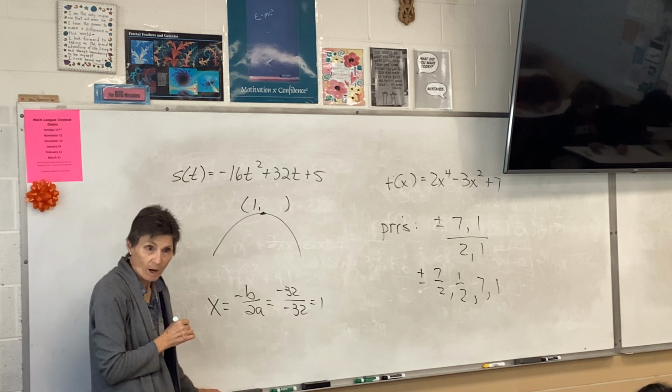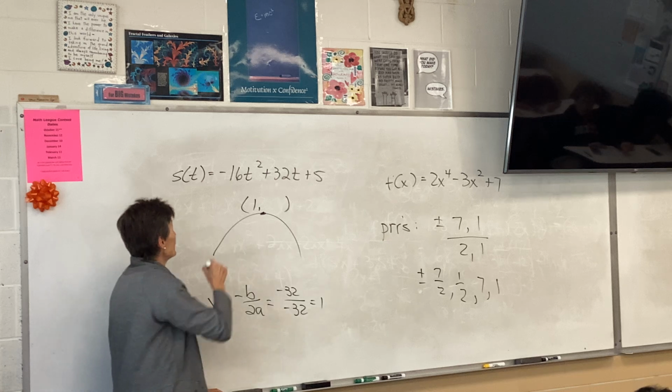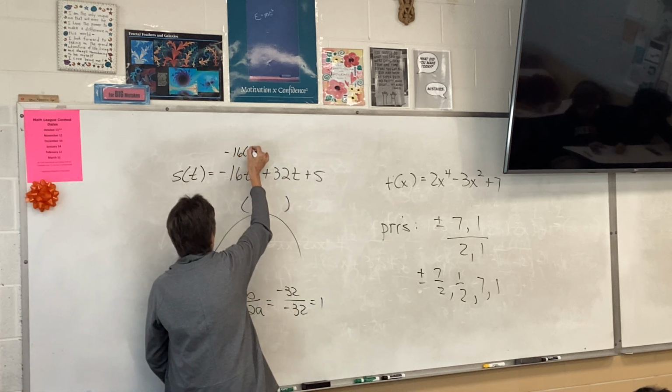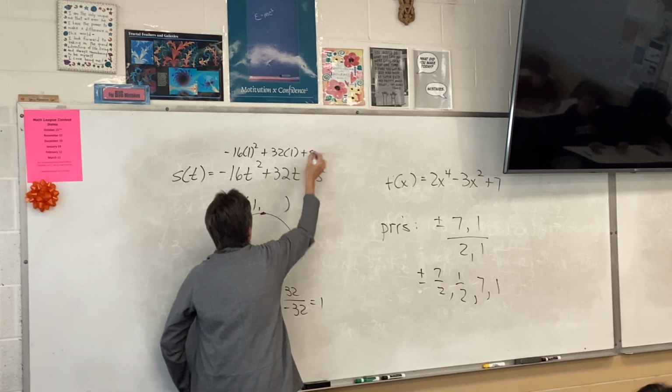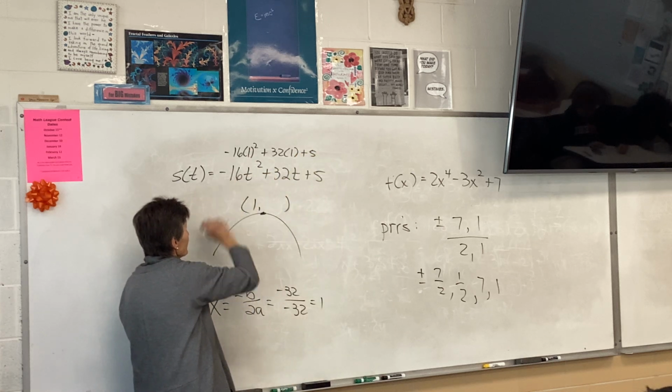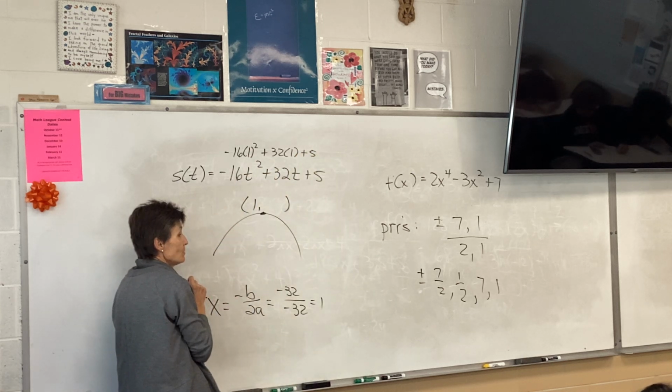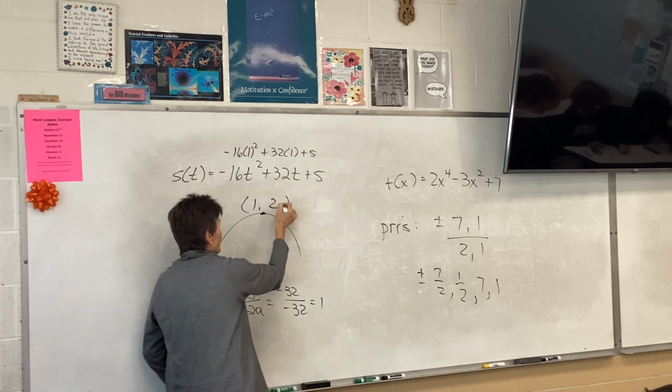And then how do I find the y value? Plug it in carefully. So 1 squared is 1, negative 16 plus 32. I got 21, did you?